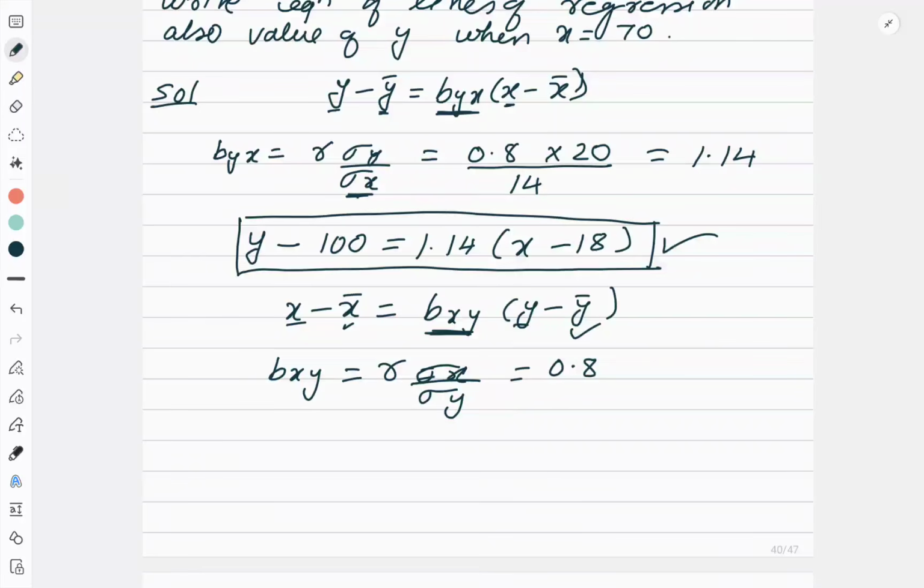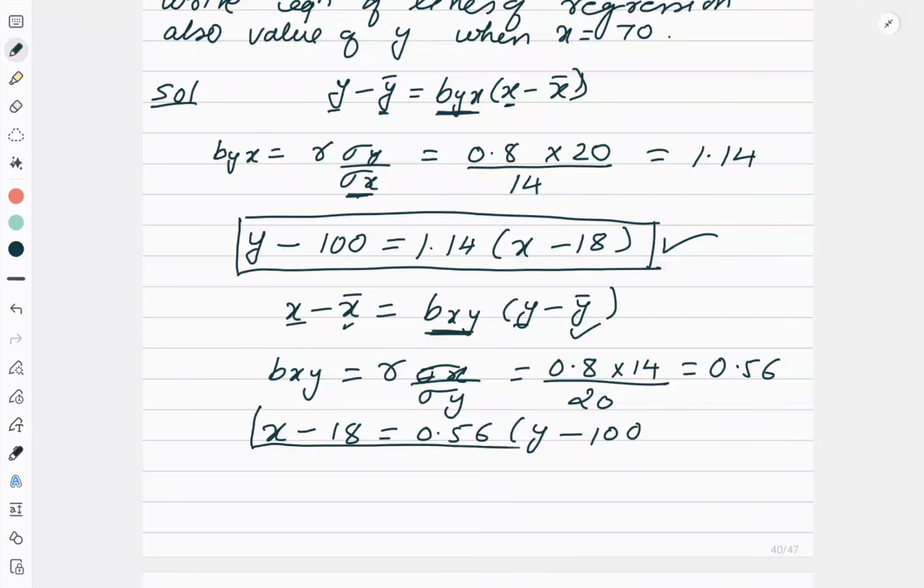Now what is sigma x? Sigma x is 14. Sigma y is 20. Correct? So now when I substitute the value, this will be equal to 0.56. So what will be my line? My line will be x minus x bar is equal to 0.56 into y minus y bar. Okay, so this is my second line of regression.